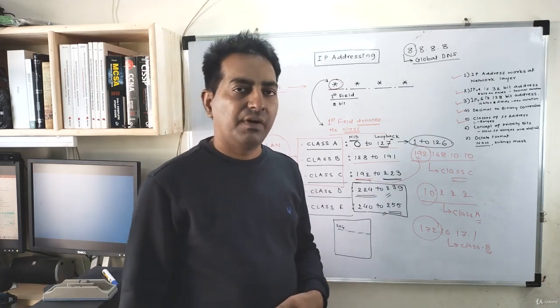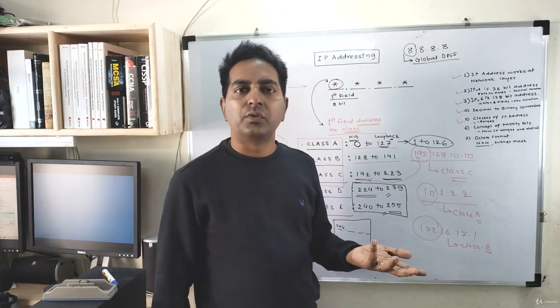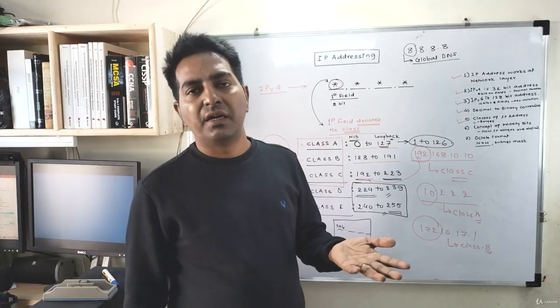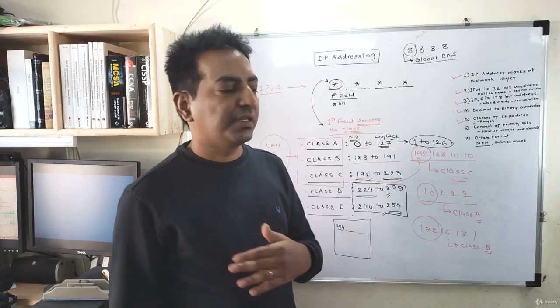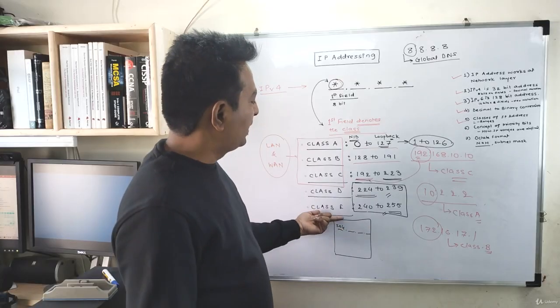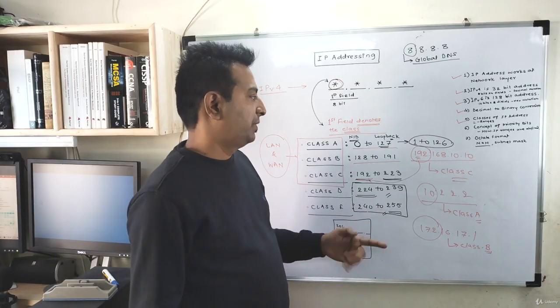Consider it's a Cisco device talking to another Cisco device on the network. So these devices talk to each other on a separate range of IP addresses. Consider multicasting is happening between these devices. So that's where class D addresses are used. Class E are reserved. Okay, these addresses cannot be used.